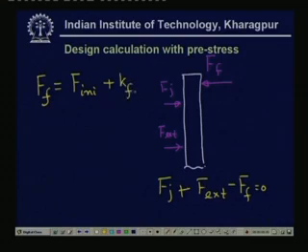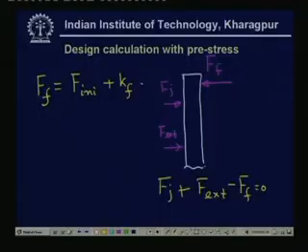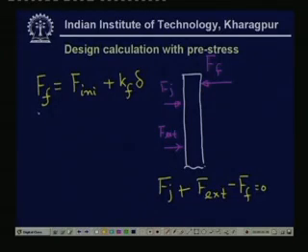If you say Kf is the spring constant of the bolt, then definitely the bolt acts like a spring because it has some longitudinal flexibility, and delta is nothing but the deflection of the bolt. Similarly, the joint force will be F initial minus K joint times delta.